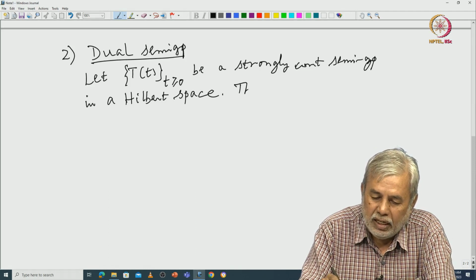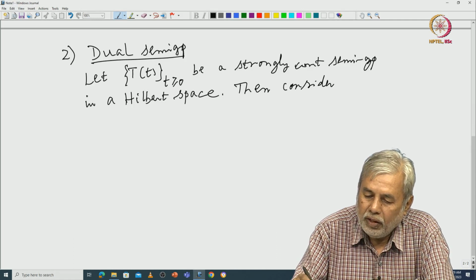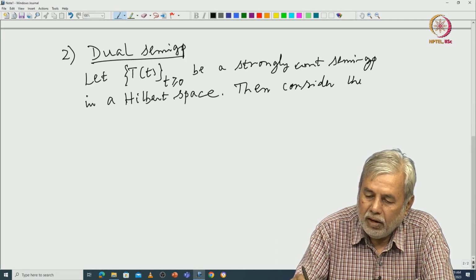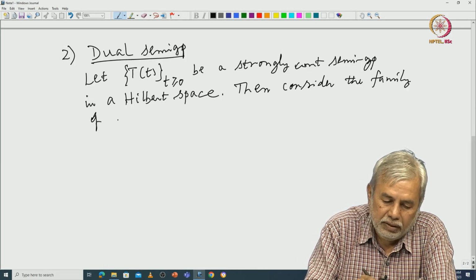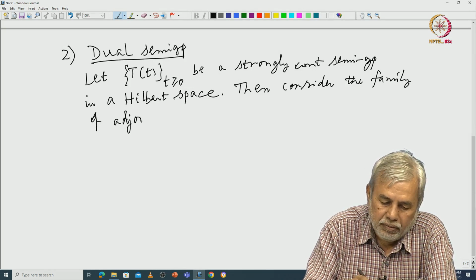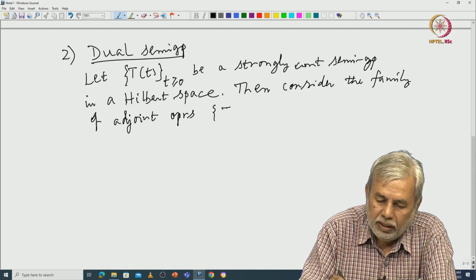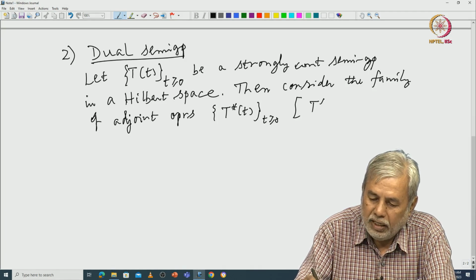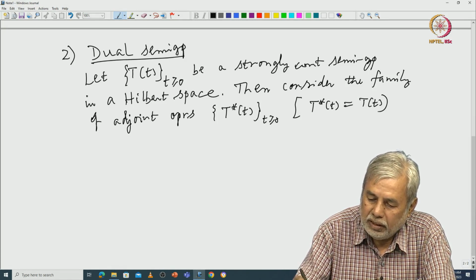Then you consider this family of adjoint operators T star(t), which is nothing but the adjoint of T(t).